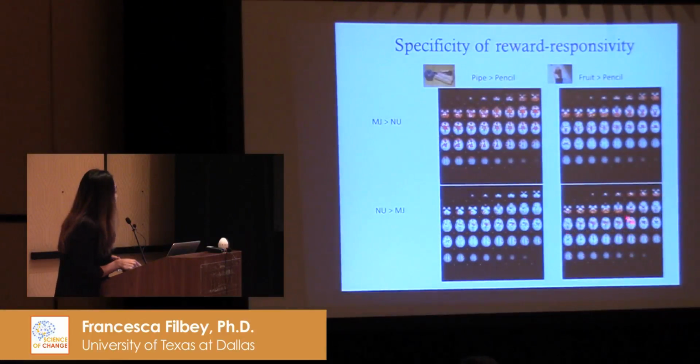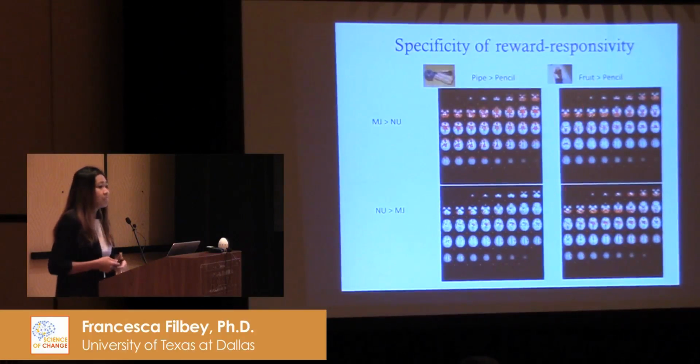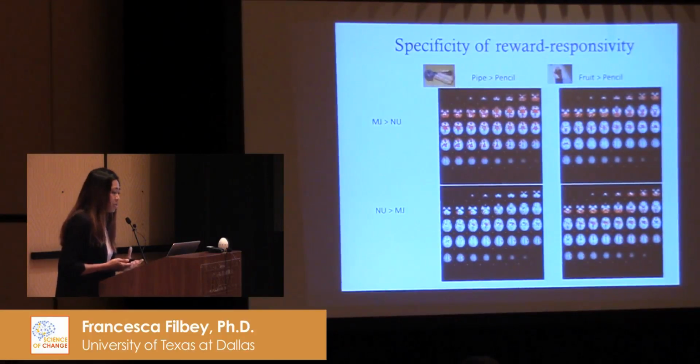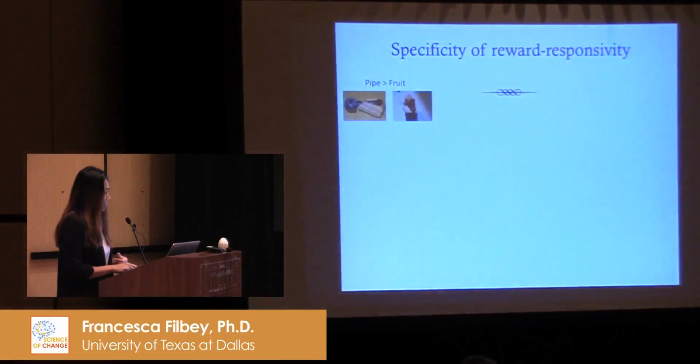And for normal controls, it looks like almost similar amount of response. So suggesting that perhaps the response to natural rewards might still be within what you would consider normal, but in marijuana users just a little bit greater for marijuana pipe.